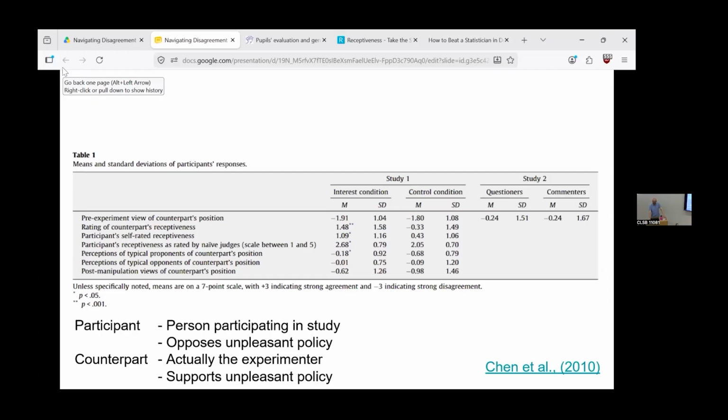So again, random assignment, no difference in these participants' views on universal veganism at the beginning of the study. Participants self-rated receptiveness. So by getting people to come up with these 3 open-ended questions, they felt themselves to be more receptive. That makes sense. They're asking questions. And then also, they had improved perceptions of typical proponents of the counterpart's position, so people who supported universal veganism.